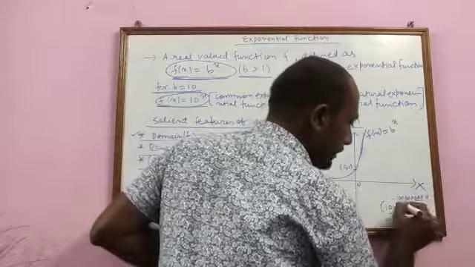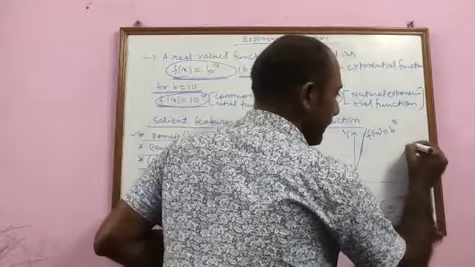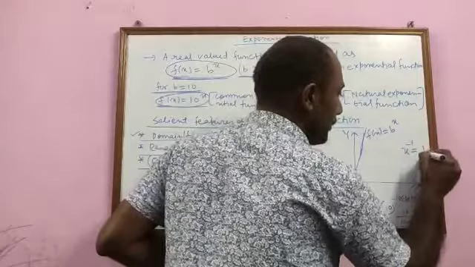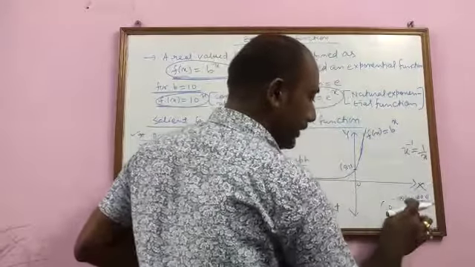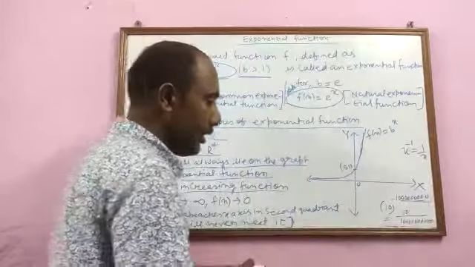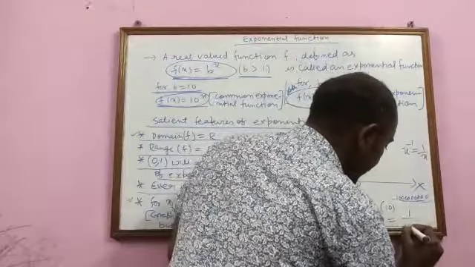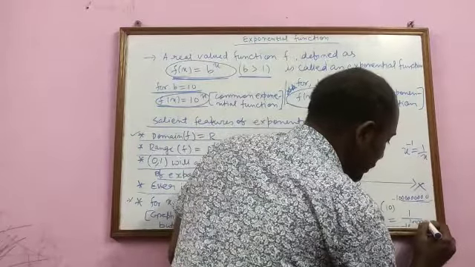You must be knowing that in the laws of exponents, x to the power minus 1 is 1 by x. So the power will come here. Sorry, here I made one mistake. This can be written as 1 by 10 to the power followed by so many zeros.